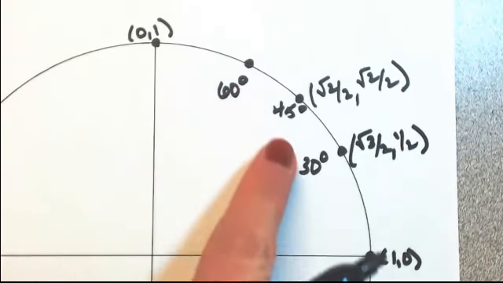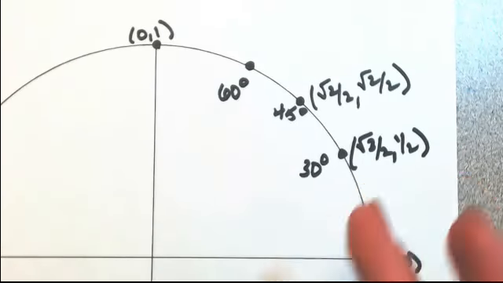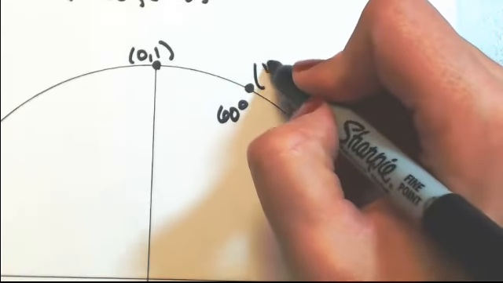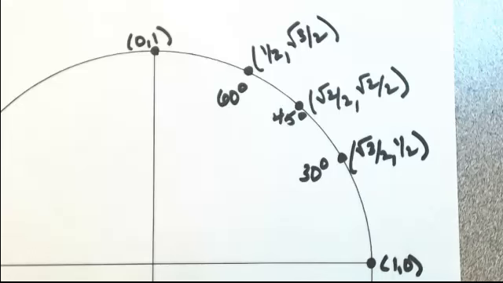Then because we have cofunctions and complementary angles, the cosine and sine are just going to switch for 60 degrees. Okay, so that's the first quadrant of the unit circle.